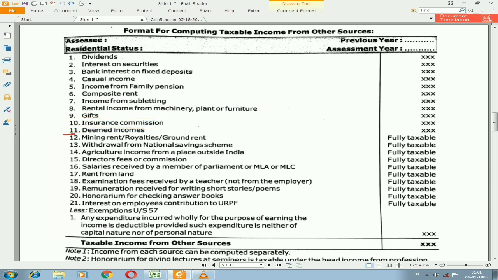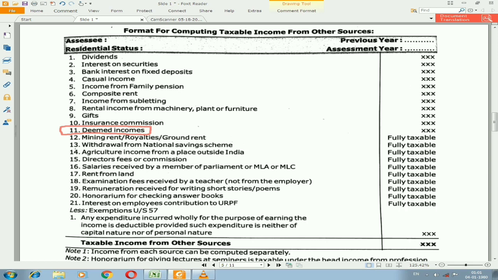Next income is deemed income. This is also one of the important incomes. Deemed incomes are not really incomes, but as per the Income Tax Act, they are regarded as incomes and included in the taxable income from other sources. Some of the deemed incomes are cash credit, unexplained expenditures, unexplained investment or unexplained money.